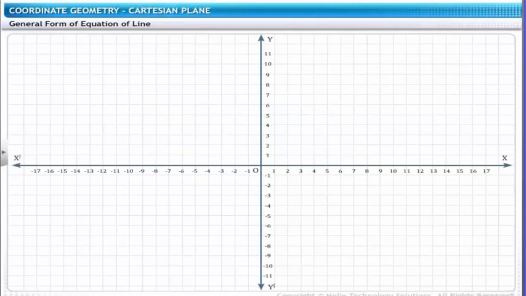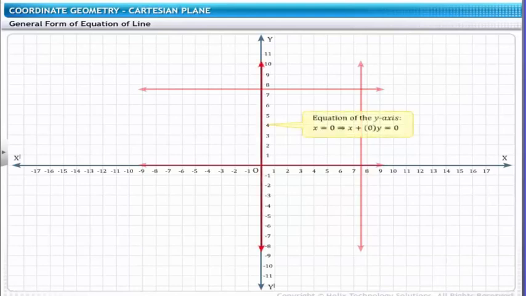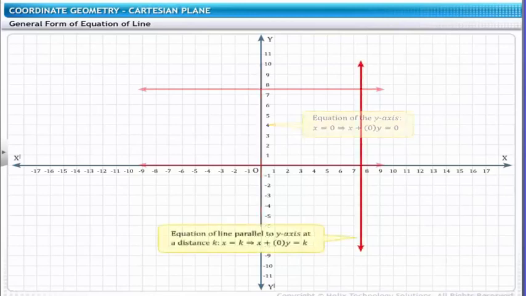Let us now consider all the equations together to arrive at the general formula for a line. The equation of the Y-axis, x equals 0, is represented as x plus 0y equals 0. The equation of a line parallel to the y-axis, x equals k, is represented as x plus 0y equals k.